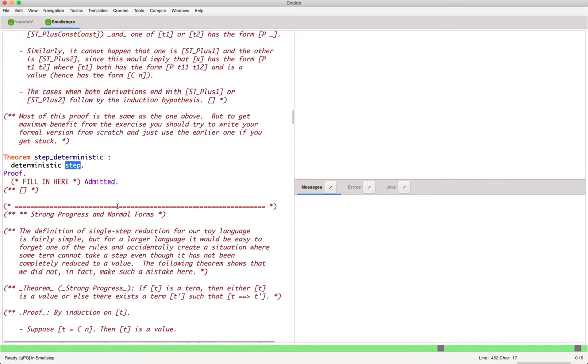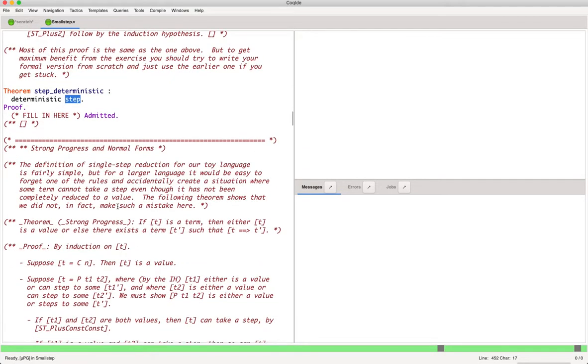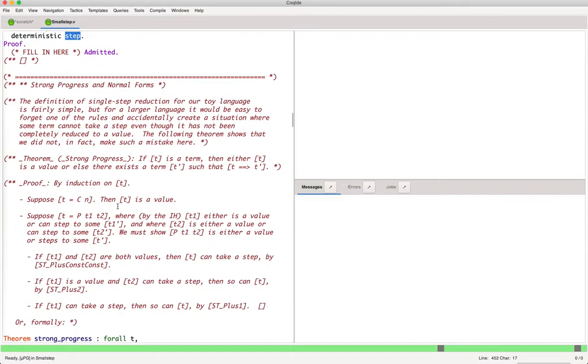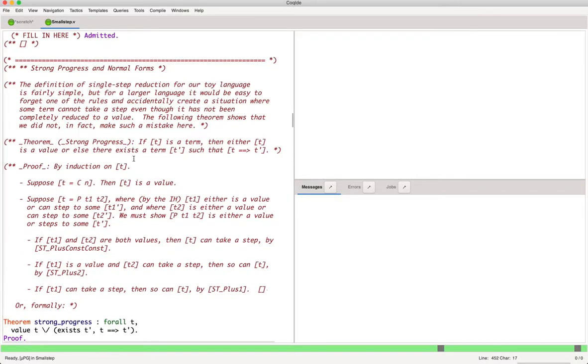Okay, so if we have this step relation, we might be interested in various properties of it. One particular property is that if we give an arbitrary program to this relation, then we can evaluate it in all circumstances. Doesn't matter what it is, it's going to evaluate.